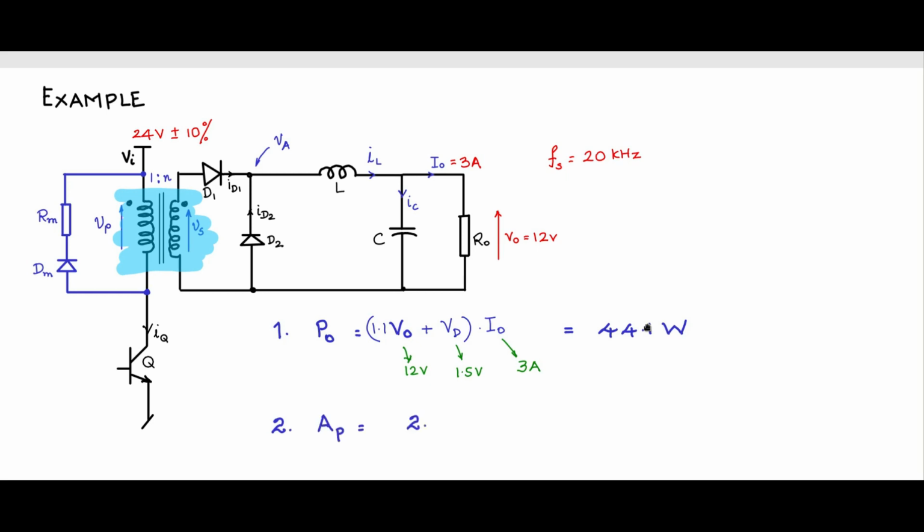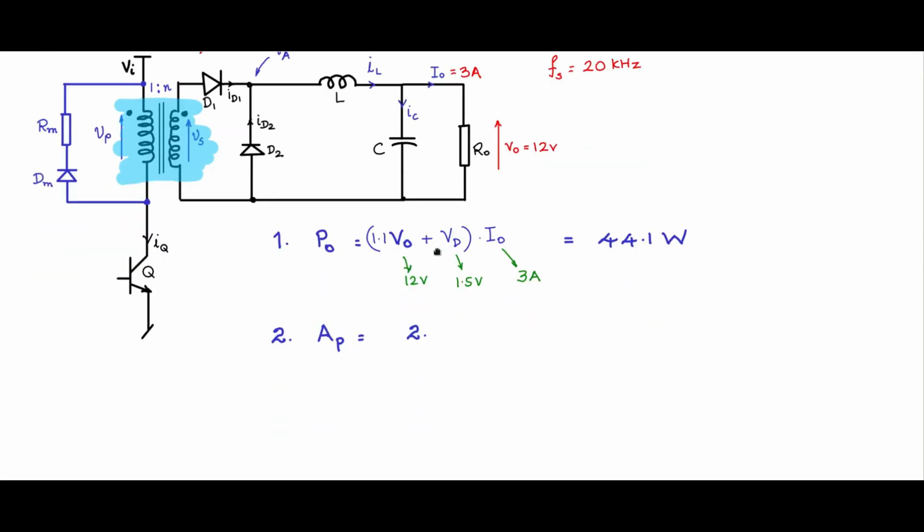Next step is find the area product. So the area product for a forward converter, we have derived 2.25 P0 by root 2 kW Bm J Fs. P0 is what we have calculated here, 44.1 watts. kW, we will take it as 0.4, a conservative value. Actually, the 0.4 is a value where the winder is quite experienced and skillful.